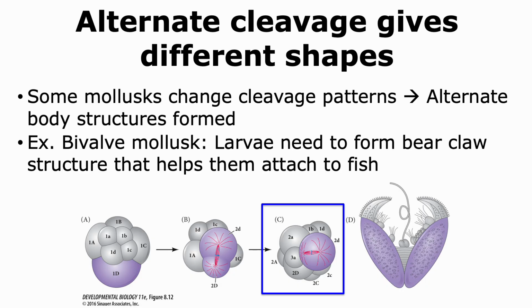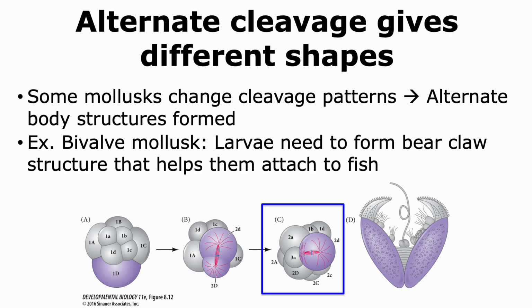However, the organism has changed the cleavage pattern in such a way that the 2d now becomes a macromere, much larger in shape than the 2D.